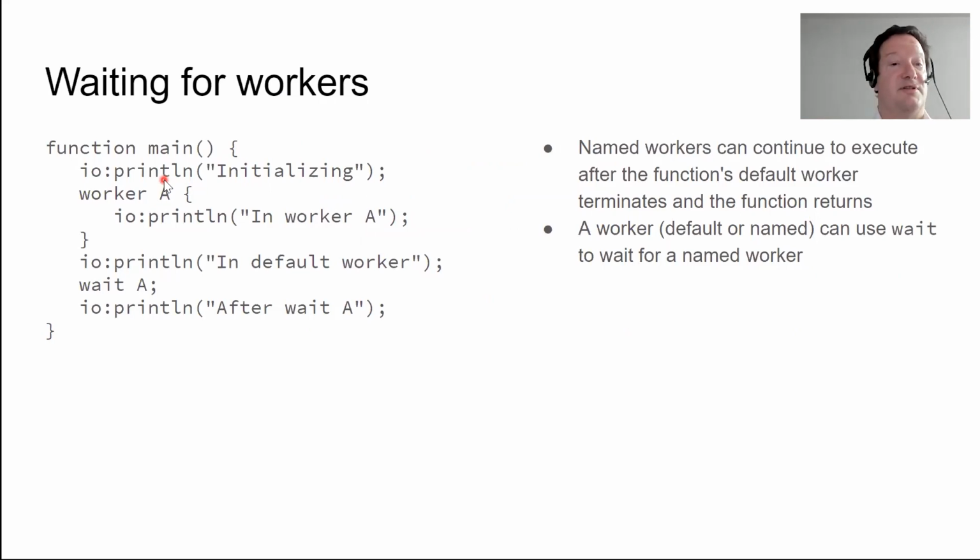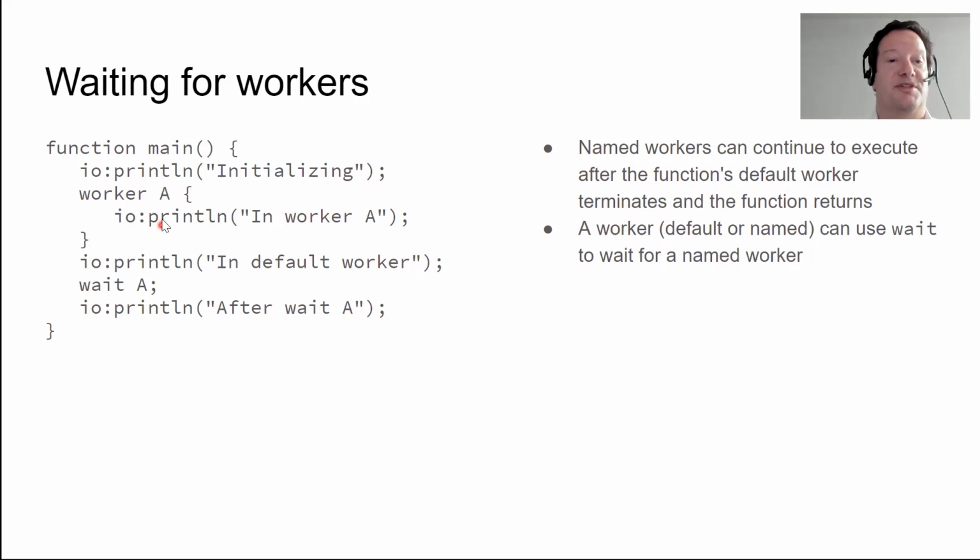So each worker's thread of control does not automatically terminate when the function terminates. They're completely independent threads of control. So when you start a worker, it keeps on running until you wait for it.